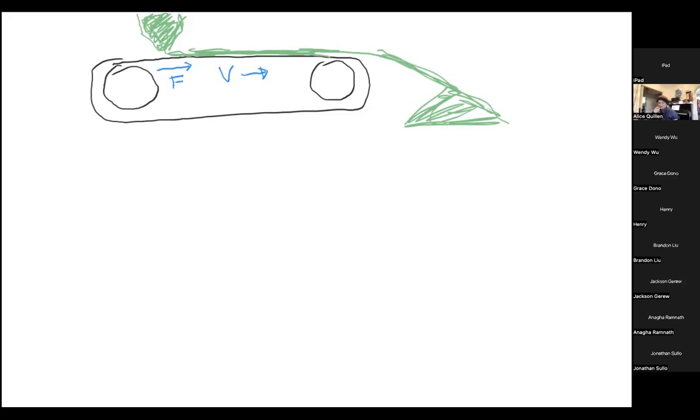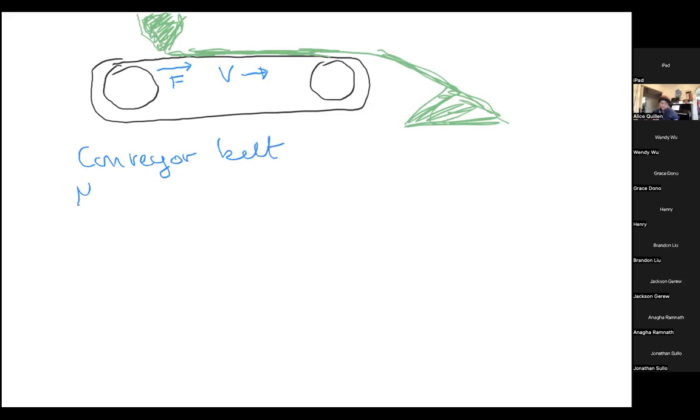Our goal is to figure out what force you need to move the conveyor belt at velocity v. And this is going to depend on how fast the sand is falling onto the conveyor belt.